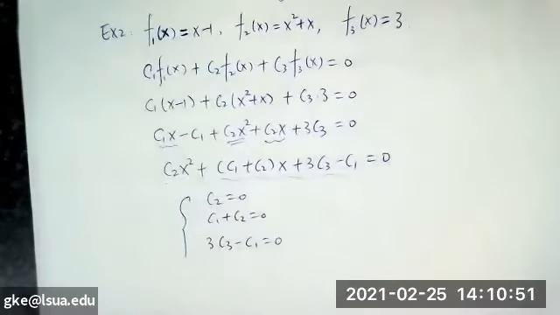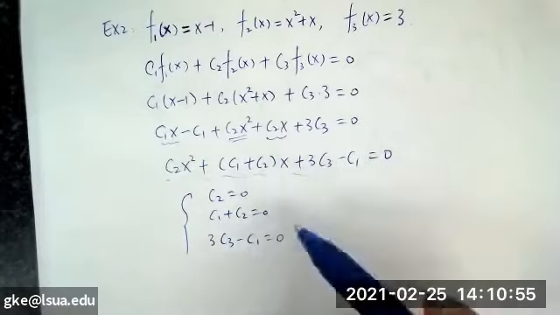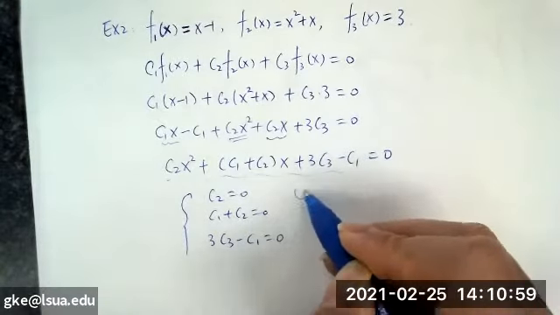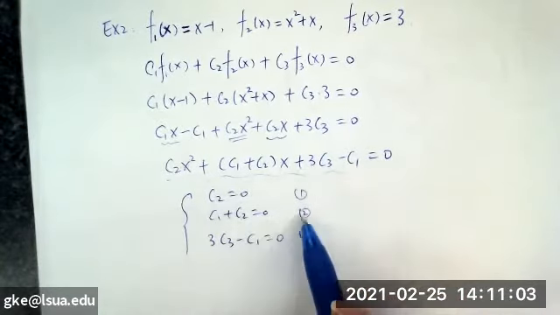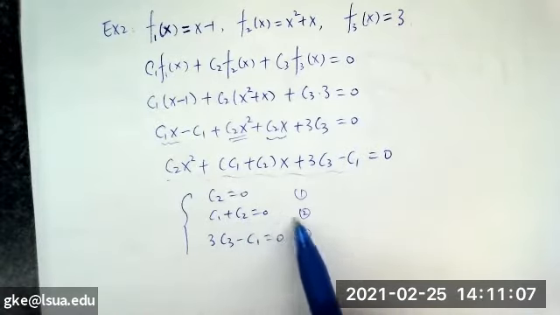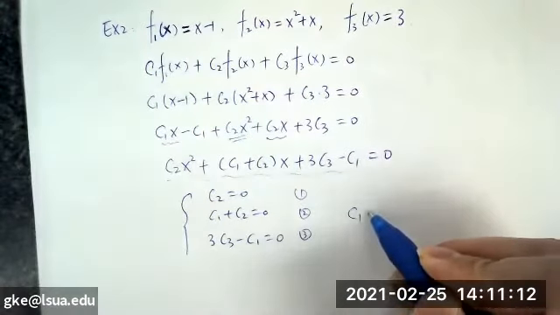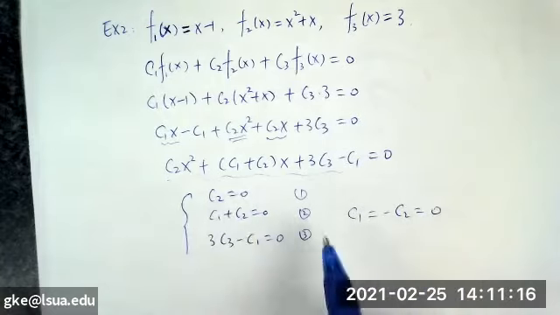Then C2 equals 0. If you plug C2 into the second equation, we get C1 equals 0, because C2 equals 0.